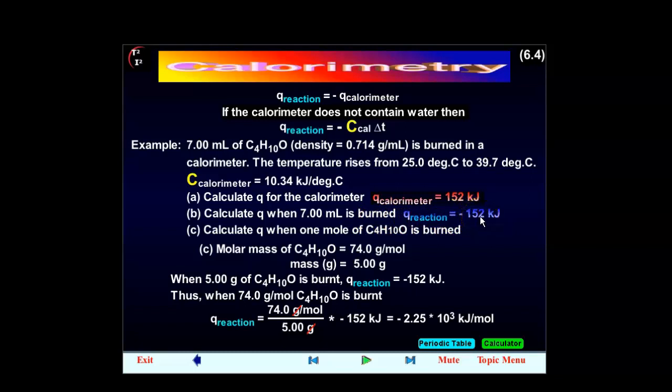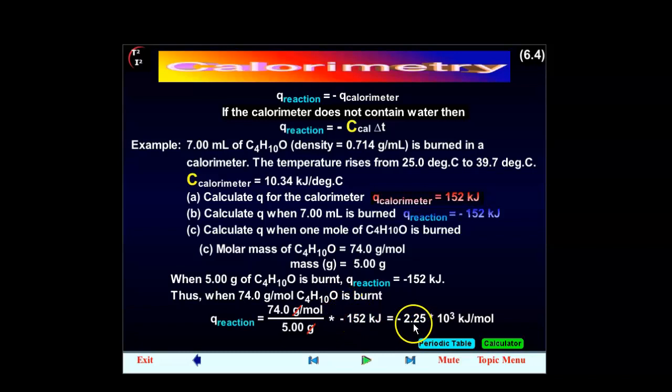Now remember, if you don't remember how to do letter B, but you know how to find letter C, since the answer you got in letter B is going to be used in letter C, you can just make up this answer. Just write an imaginary number, 75, 80, 90, 100. Just an assumption. Then you can use that value to solve this problem.